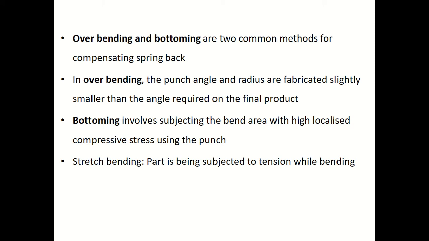It would have been bent away from the desired value. So the overbending can ensure the desired value is obtained after the bending. How do you ensure that? By keeping the punch angle or radius fabricated slightly smaller than the angle required.